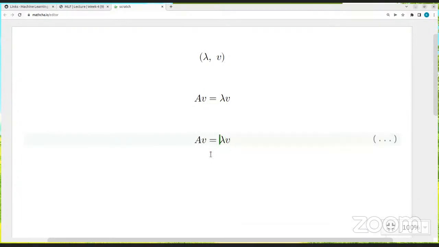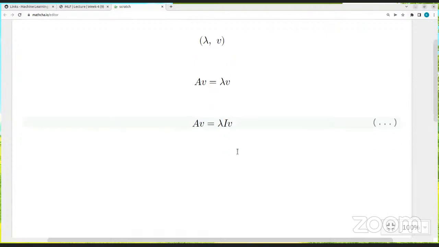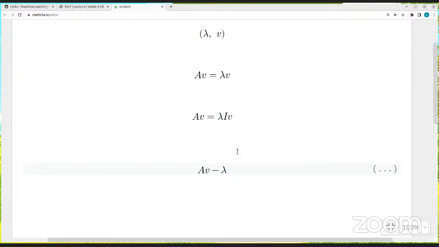You can multiply both sides by I, the identity matrix. I times A is just A, so I'm just going to ignore this I here. So I have AV equal to lambda I times V. Now AV minus lambda I V equal to 0.